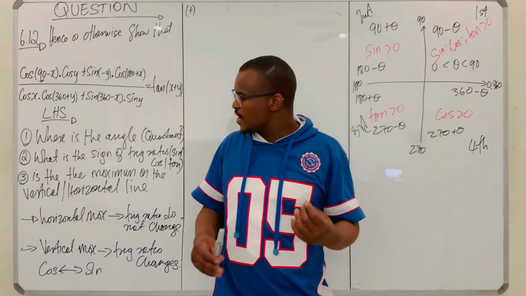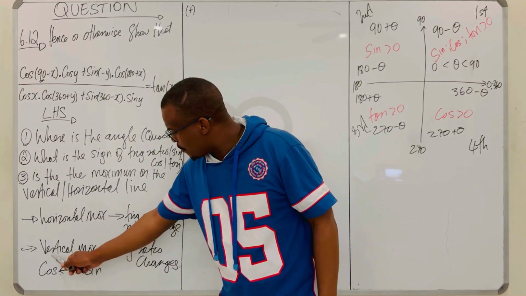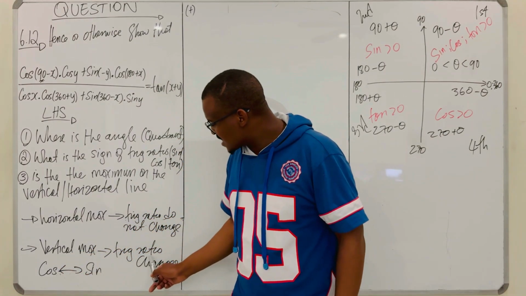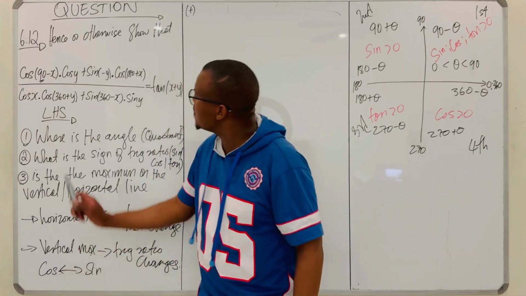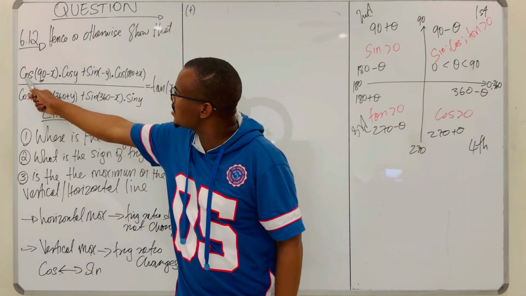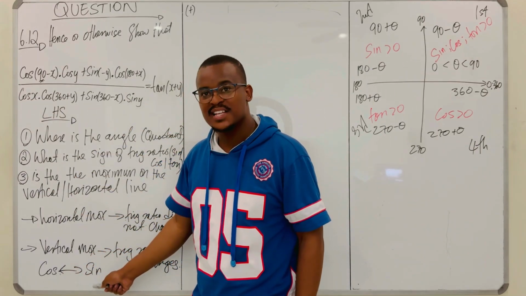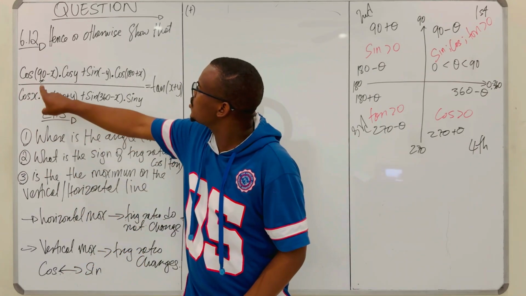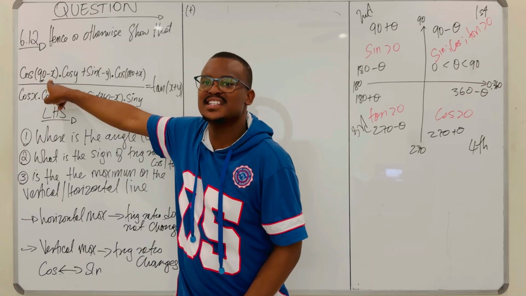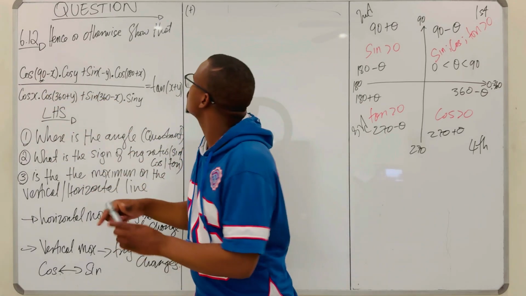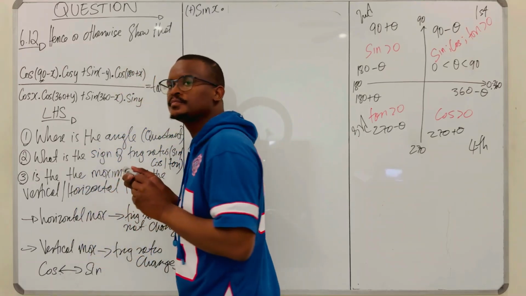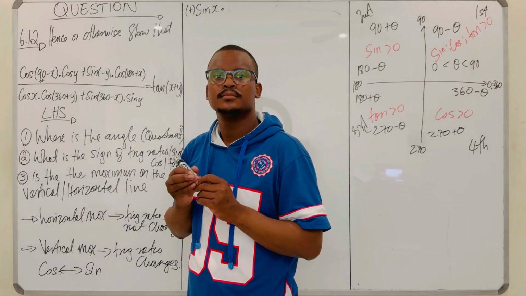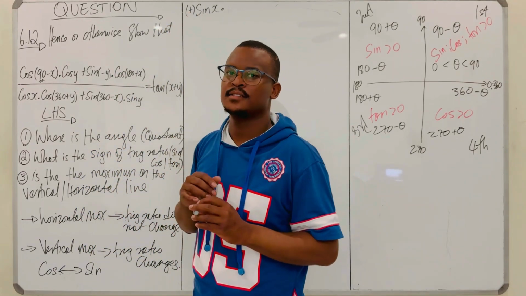So if your maximum is on the vertical line, your cos will become sine and sine will become cos. We had cos there, so it will become sine. You just take the sine of that angle x. So you have positive sine x.